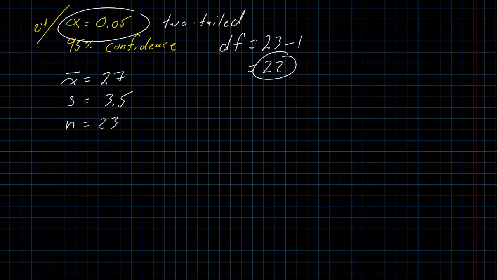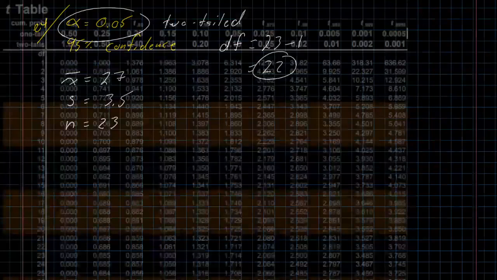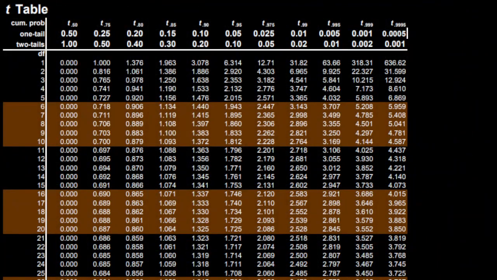With that information, we can go to a t-score table or a t-distribution table like this one. And this looks very different from the z-score table because we have to look at different t-values depending on the degrees of freedom, and there's a lot of options for degrees of freedom. So looking down the first column, you see df, the degrees of freedom value. We want to go down that column until we find 22. Then we want to go across that row until we find our alpha value.